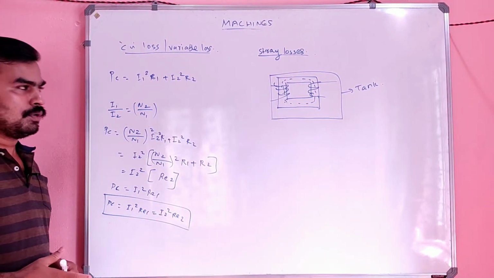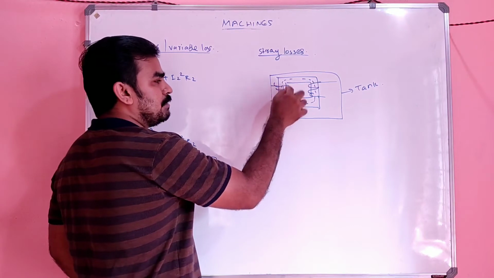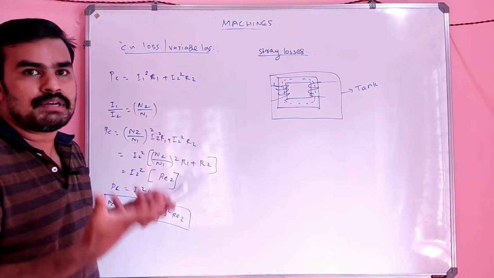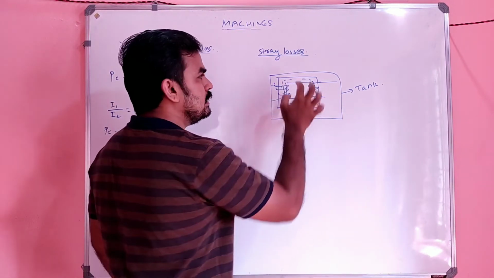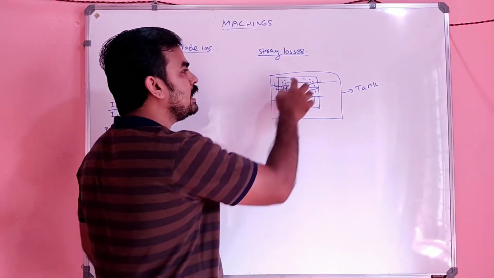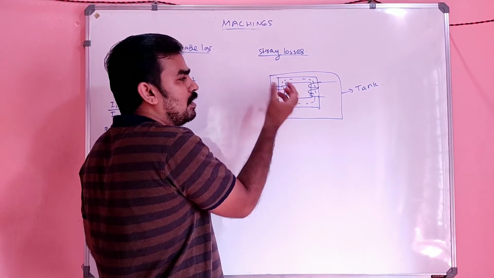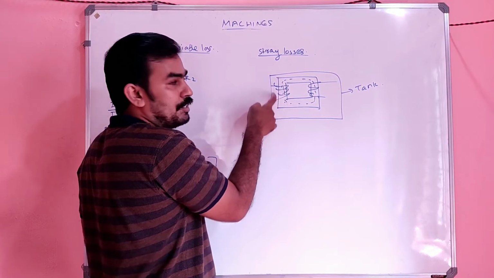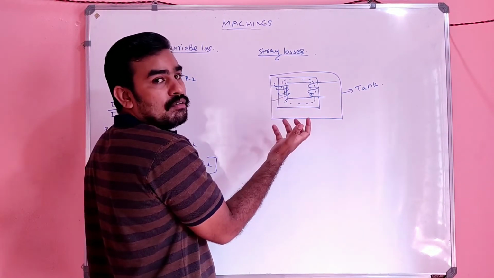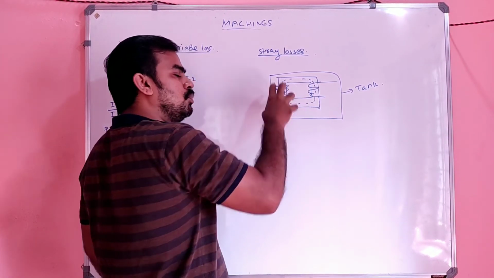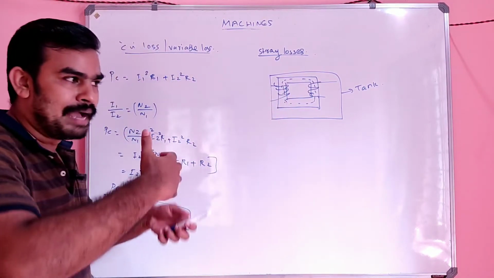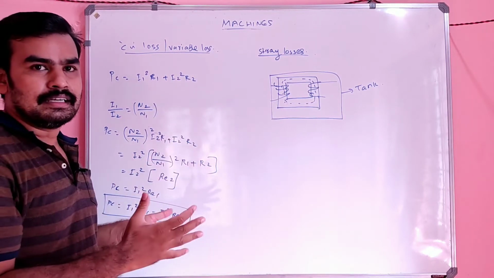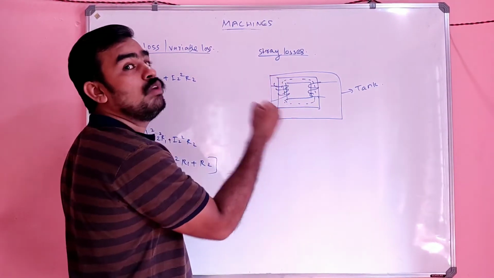So if the current changing in the primary produces a variable flux in the circuit, for self-induced EMF, the flux should be linked with this conductor only, right? But due to the effect of magnetic flux, the flux may not link exactly through these conductors only.